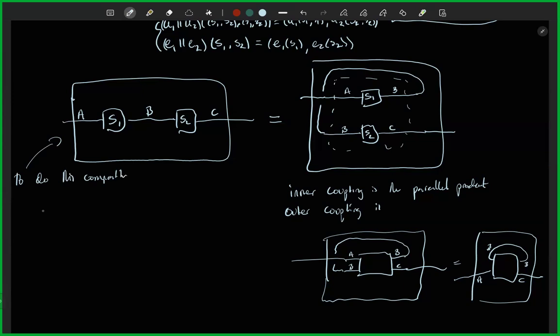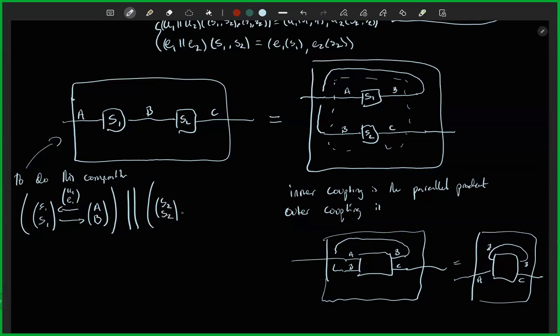So we have here S1, S1, U1, E1, A, B. And then we do the parallel product of this with S2, S2, B, C. And this is going to give us a system of this form.